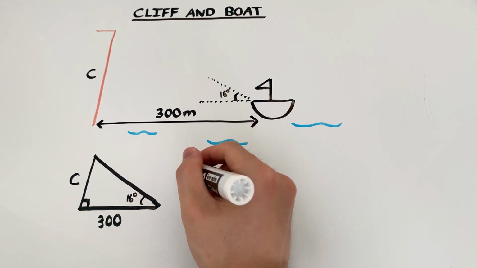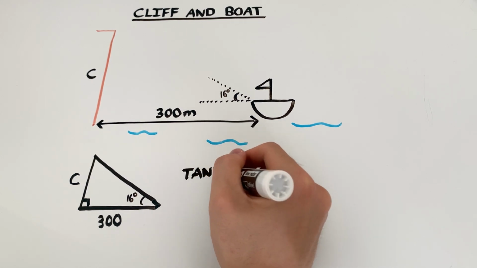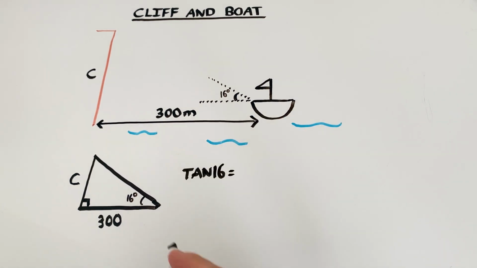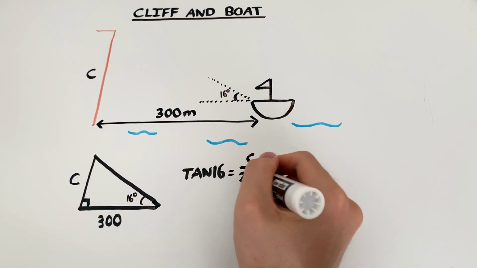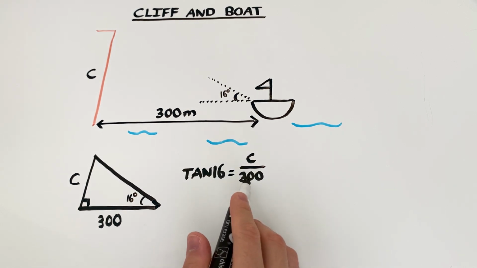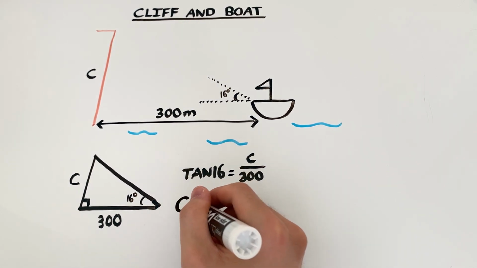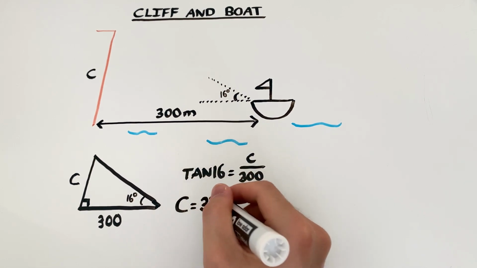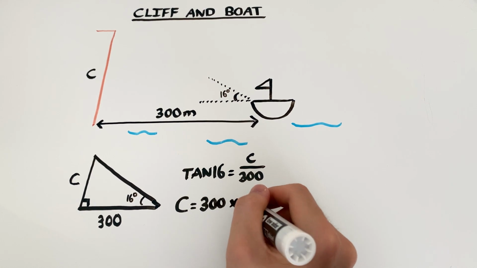So we have tangent 16 is equal to opposite C over adjacent 300. Now to find C, we can multiply both sides by 300. So C is equal to 300 times tan 16.